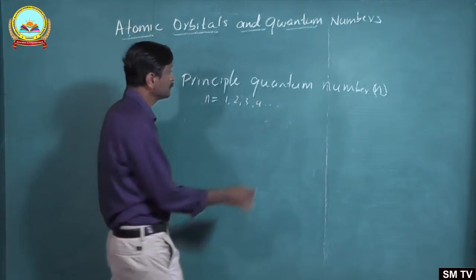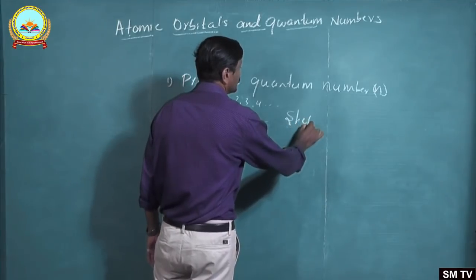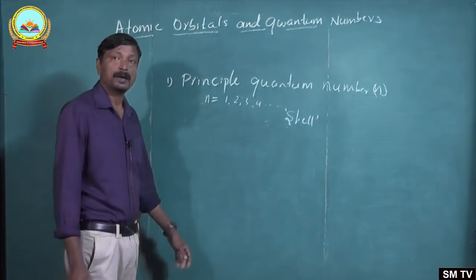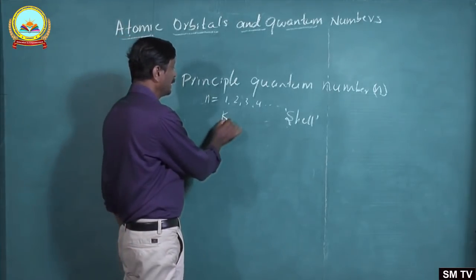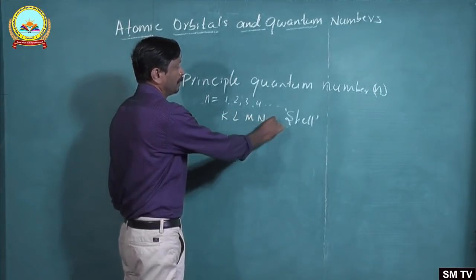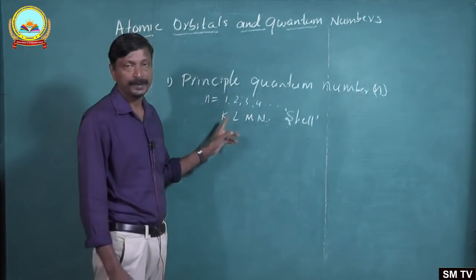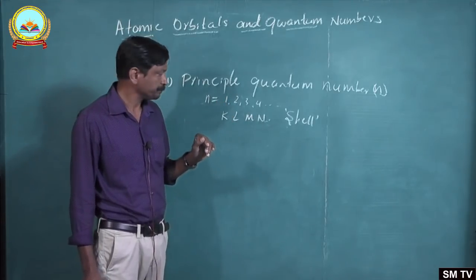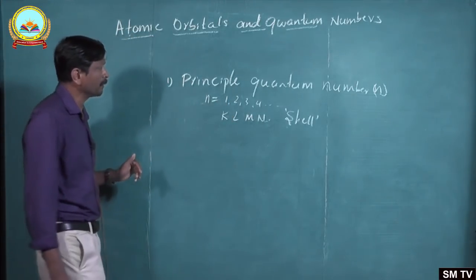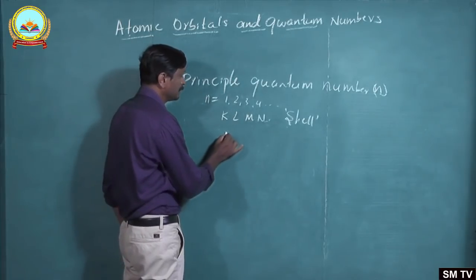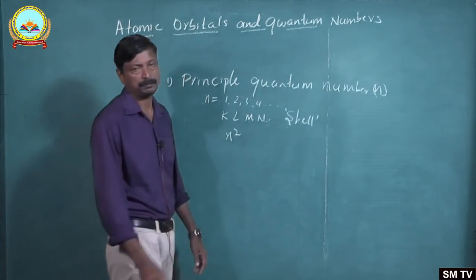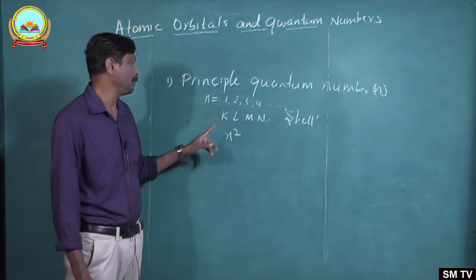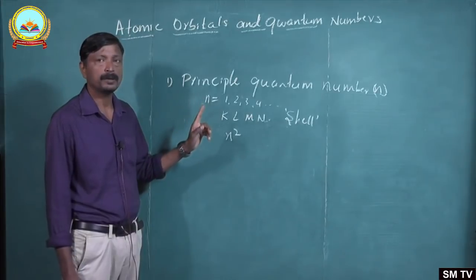This principal quantum number is also called a shell. These shells are also designated by the letters K, L, M, N, and so on. If n is equal to 1, that is the K shell; n is equal to 2, the L shell, and so on. The maximum number of orbitals in each shell is n square. For the first shell, n equals 1, the K shell, there is only one orbital.